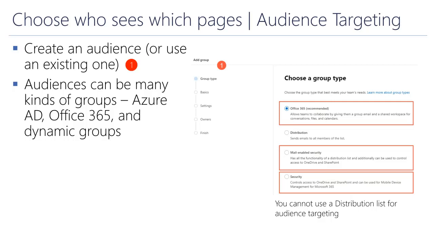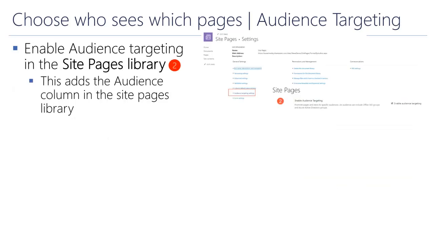So you need an existing Microsoft 365 group, or a mail-enabled security group, or a regular old AD security group. And audiences can be any of these kinds of groups except for a DL. So this is the screen that you would see if you were creating this from Azure. That's step one, have a group.